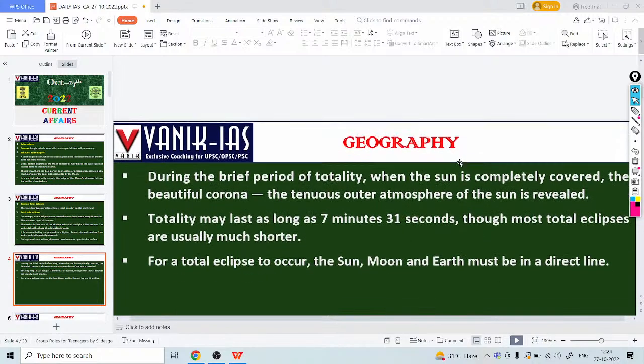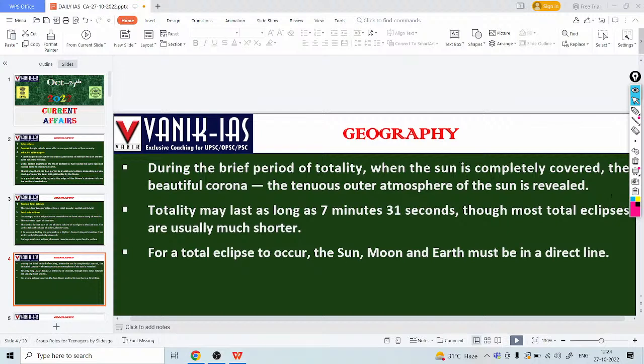During the brief period of totality, when the sun is completely covered, the beautiful corona, the tenuous outer atmosphere of the sun, is revealed. Totality may last as long as 7 minutes 31 seconds, though most total eclipses are usually much shorter. For a total solar eclipse to occur, the sun, the moon, and earth must be in a direct line.